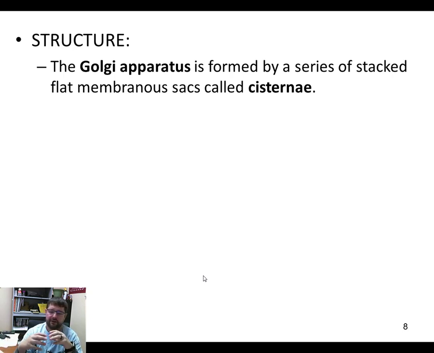Material comes in, it sometimes needs repackaged. So sometimes things like proteins need to be folded in this region. Other times you need to just stick a sugar coating on it. And then it gets put into vesicles and it moves out to wherever that protein, or in some cases that fat, is needed.